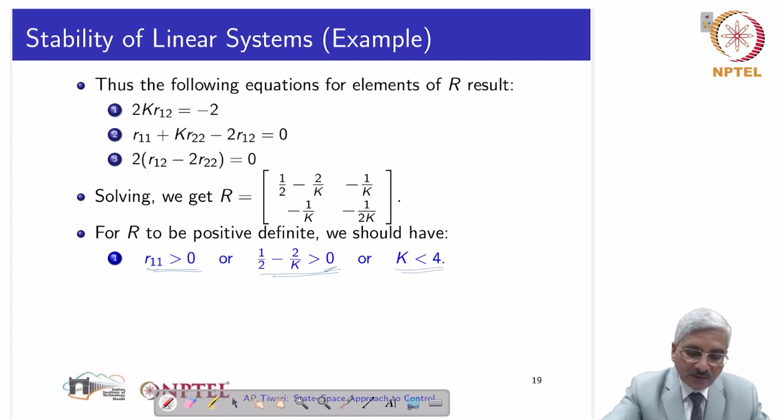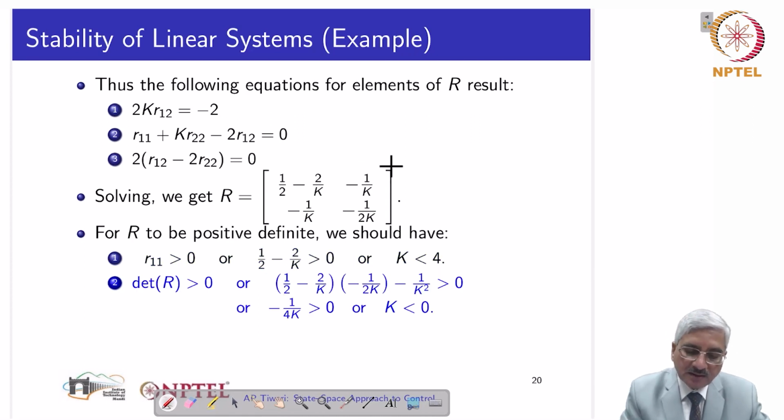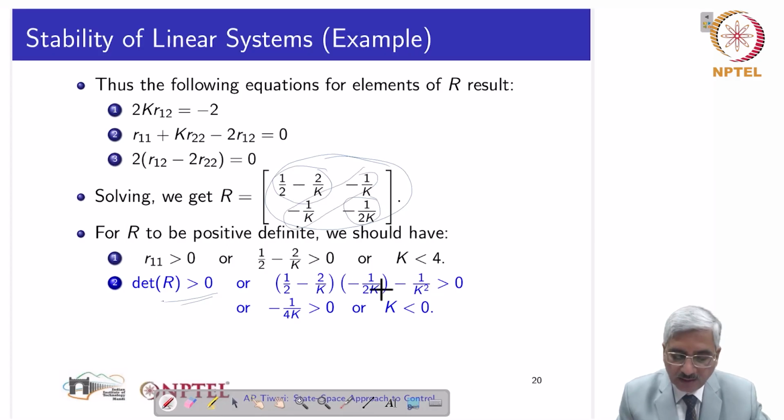Then the other condition is that the determinant of this R should be greater than 0. That means we get this multiplied by this, minus these two multiplied.